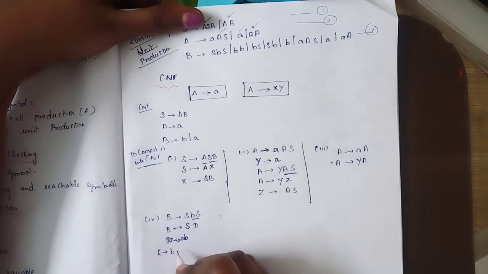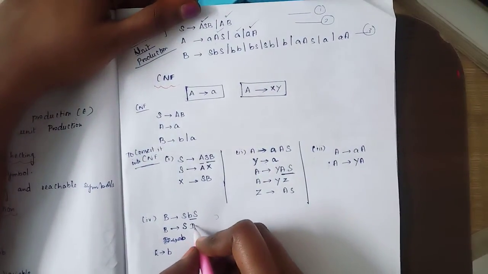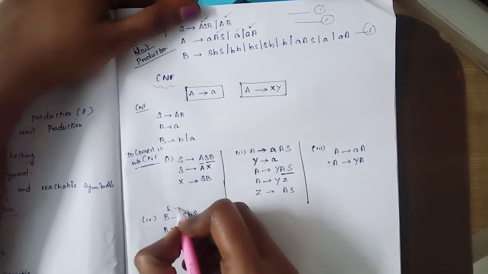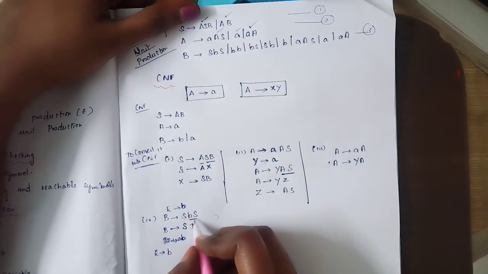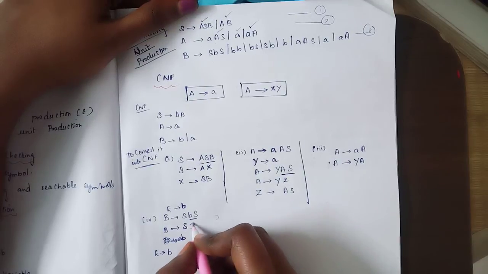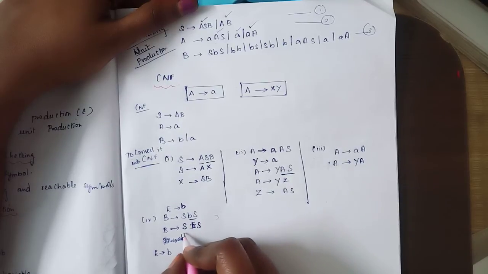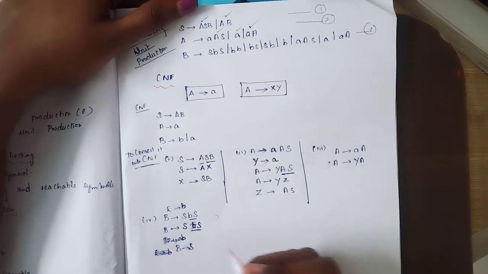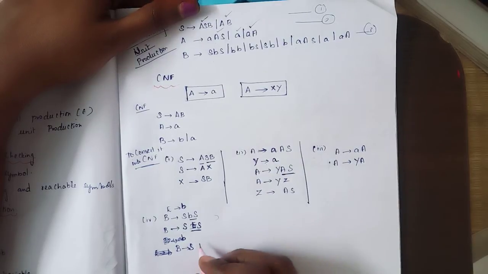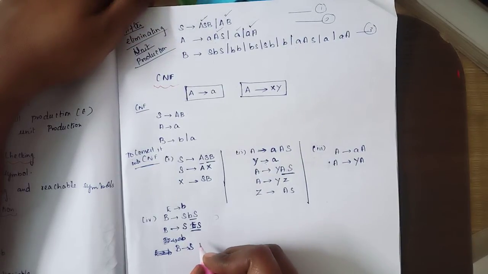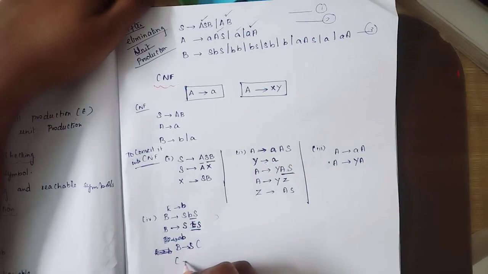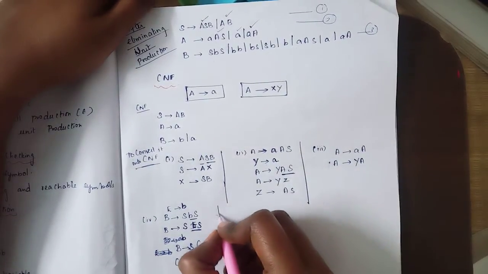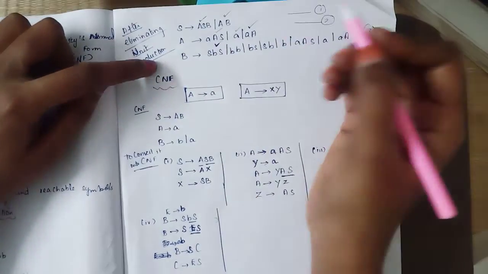Now I make this b as E. So E S E S, right? After that we'll keep this S as it is, and for ES we will have some C. Okay, so C tends to ES. Now I have finished this also.